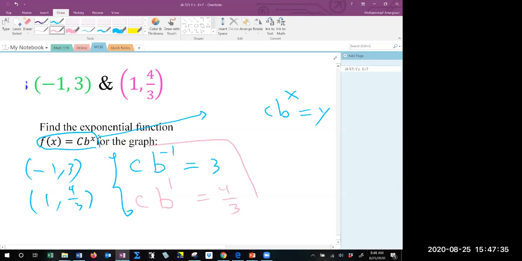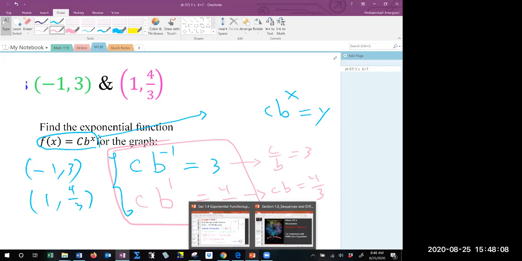So what I want you to see is this. You are solving this system of equations. It's called a nonlinear system of equations. Is everybody following that? I hope this is helpful. This ends up being c over b, and this ends up being cb. You can solve for b or for c in one of them, put it in the other one, and you have the system solved.